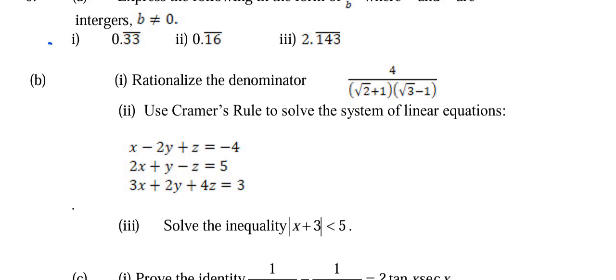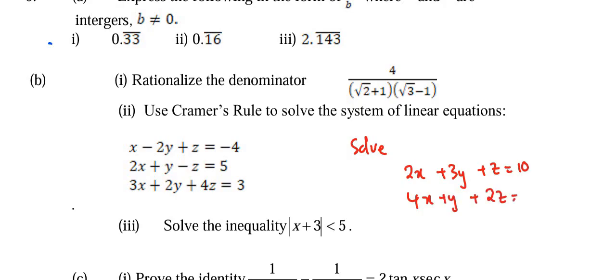So to verify that you understand what you've done, can you attempt to solve 2x plus 3y plus z equals 10, and also 4x plus y plus 2z equals 15, then also 3x plus 2y plus 3z equals 18.